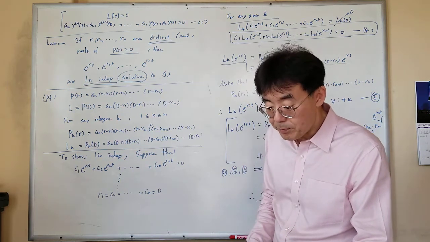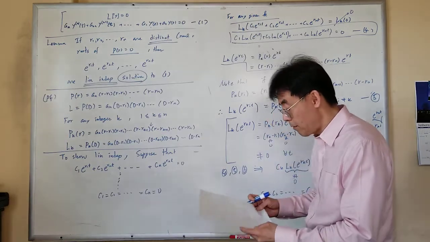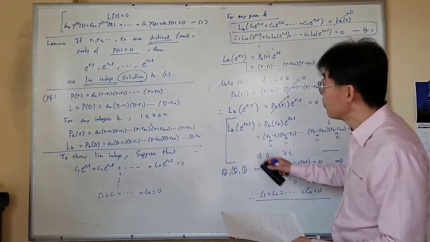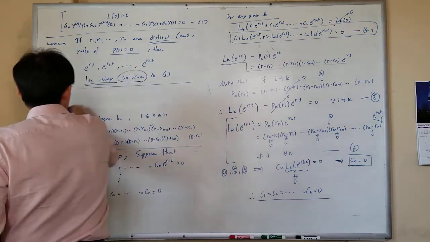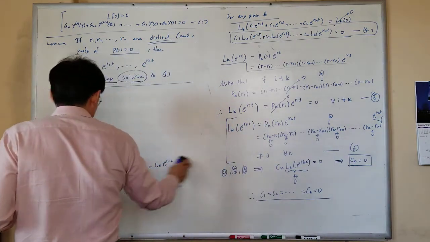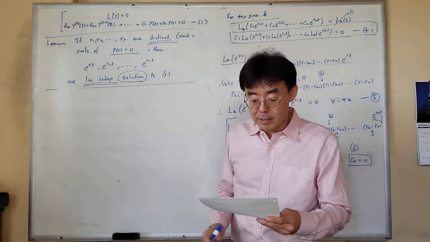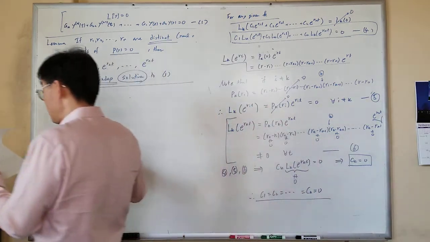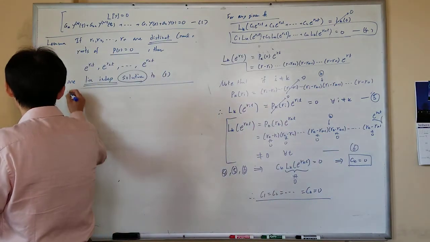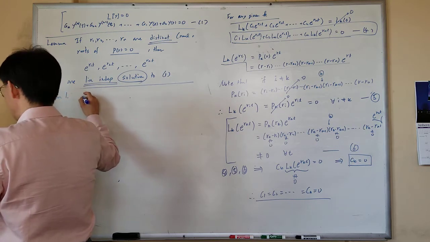So in the end, we just proved that if you have distinct complex roots of the equation, you have linearly independent solutions. Therefore, I'm going to finish this part 1, theorem 1.